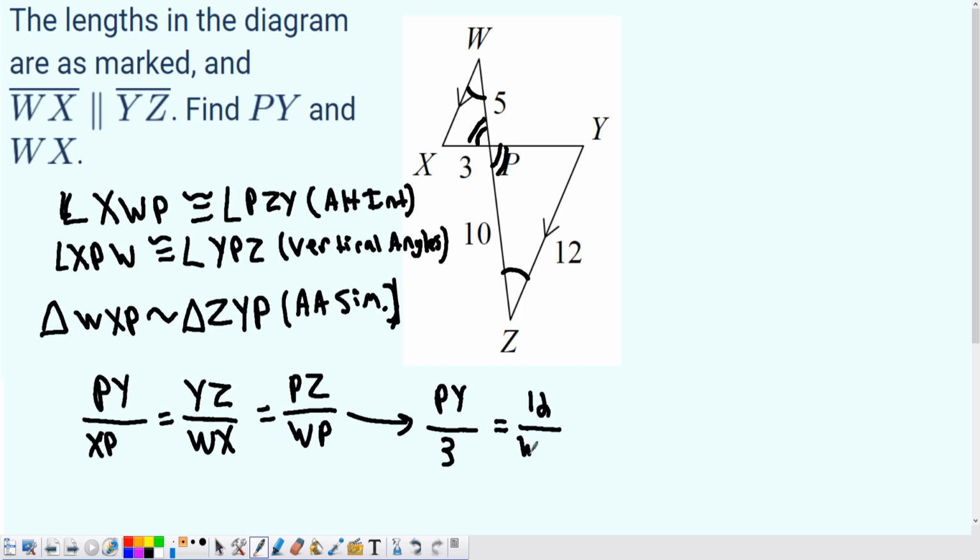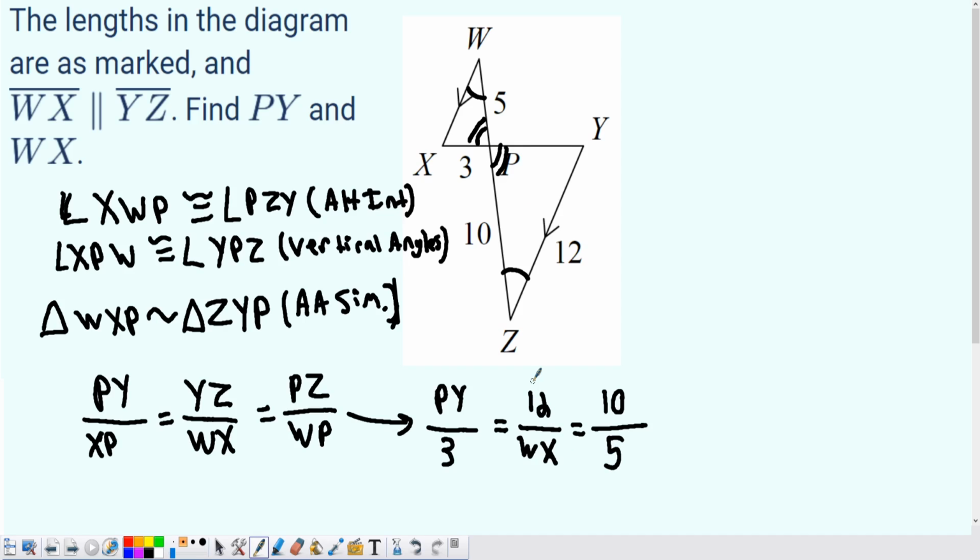One of the things we're trying to find. And that is equal to PZ, PZ being 10, and PZ matching with WP, which is 5.